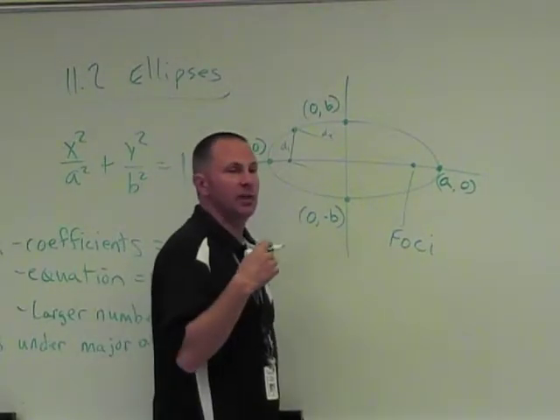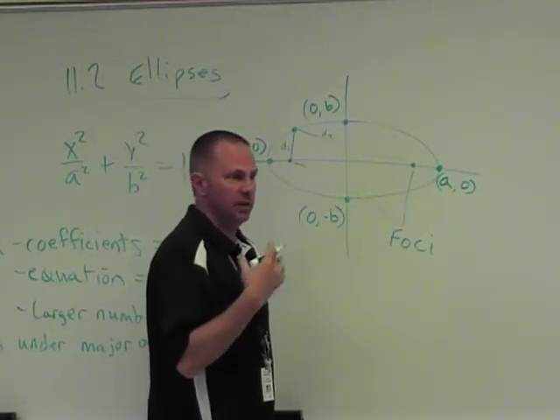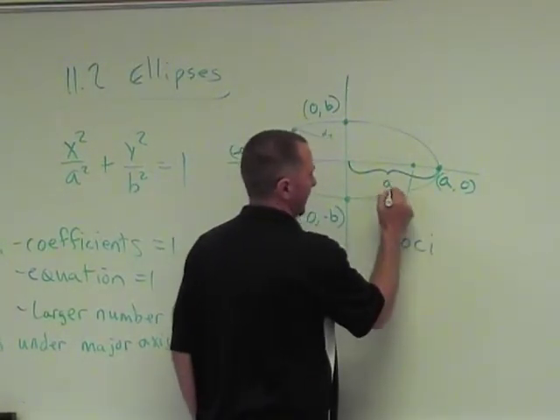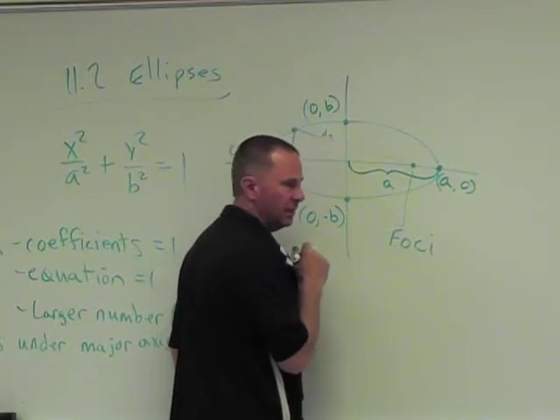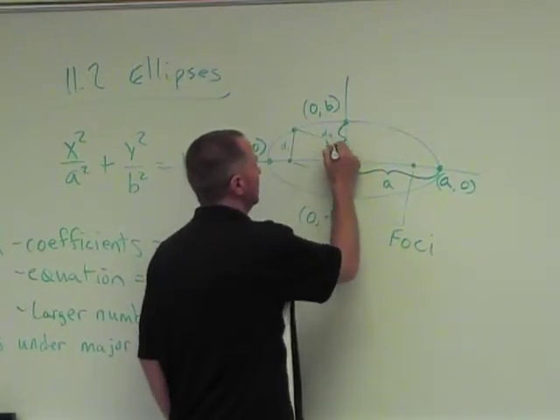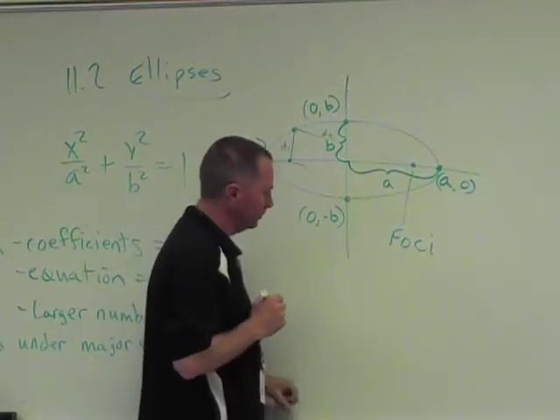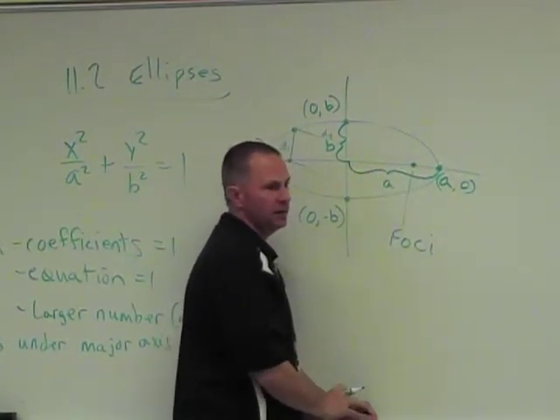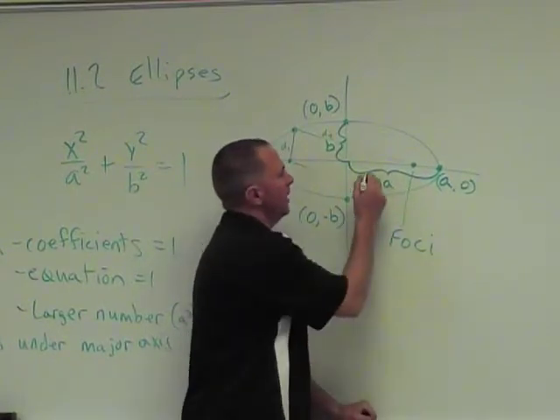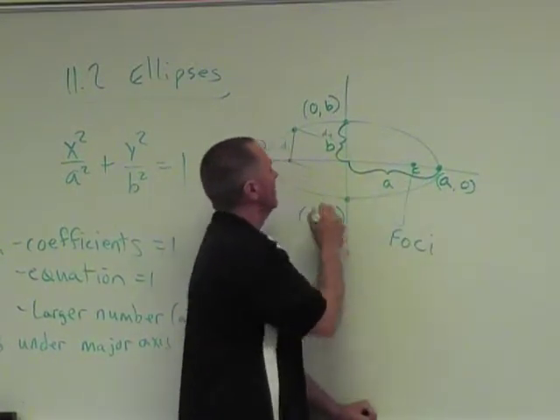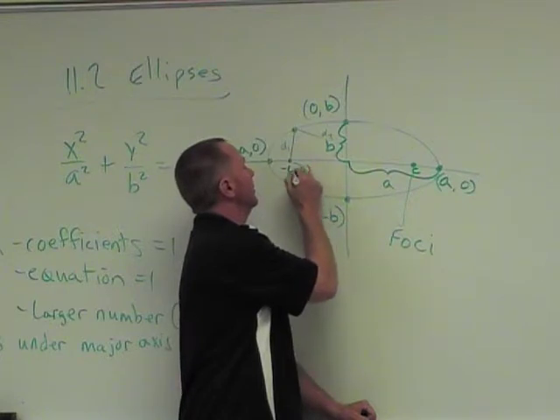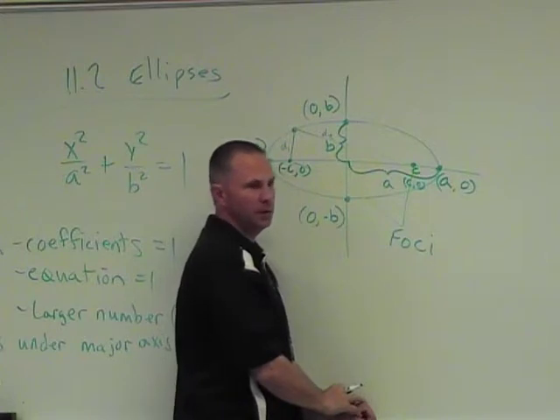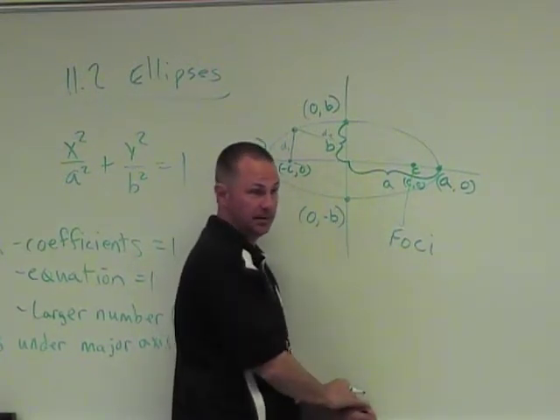Let's make sure we understand certain things in our Pythagorean theorem. First of all, this is a. We all understand that. This is b. The focal points are at c, so negative c, 0 and c, 0. Those are your focal points on the major axis.